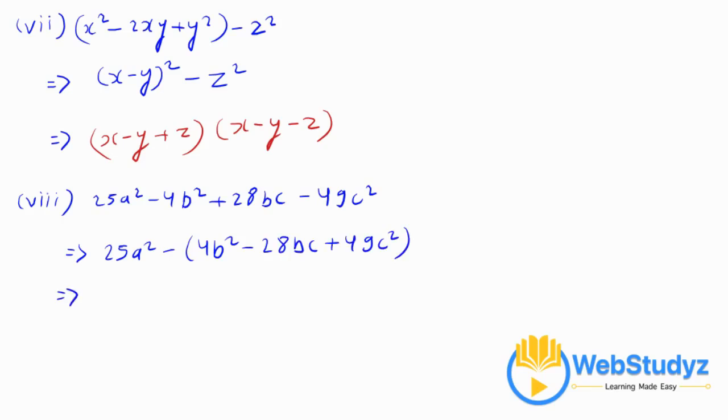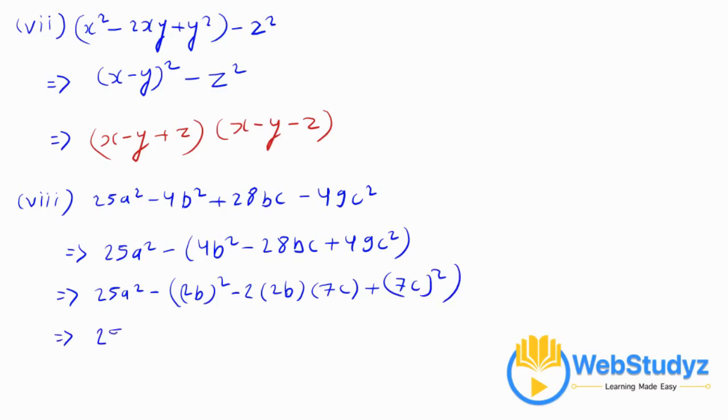Now we can write this as 25a square minus, inside we can write this as 2b whole square minus 2 into 2b into 7c plus 7c whole square, bracket close. So inside it will be the identity of a minus b whole square. So this will give us the value as 2b minus 7c whole square.